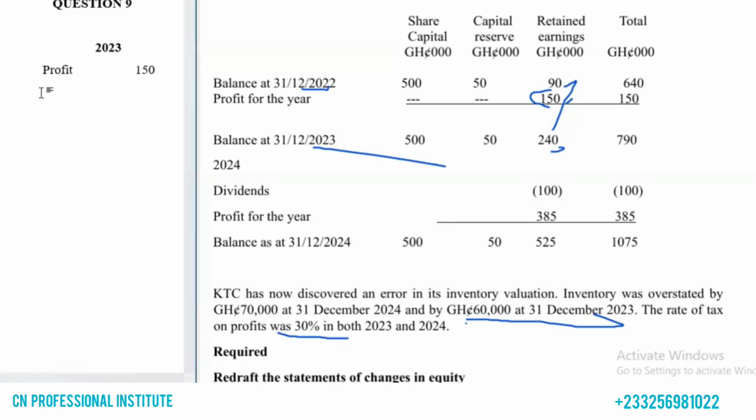So if you want to correct the error from profit, we have to less the error. How much is the error? The error is 60,000 in 2023. So you less off 60,000.